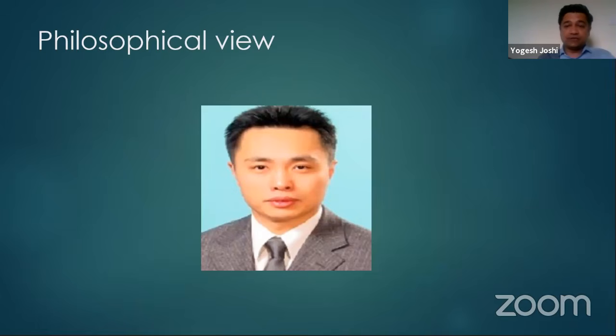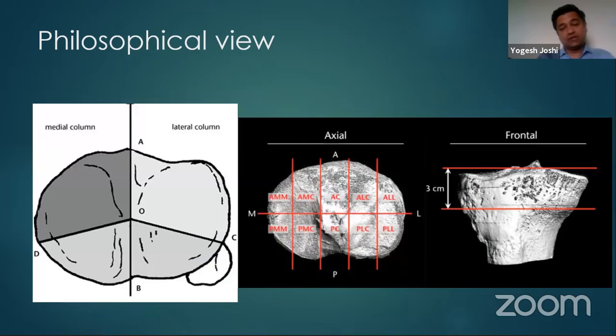Chang-Fu Luo classified further with the CT-based classification, and this is more commonly used nowadays because you get the 3-dimensional view, so that you can know what kind of corridors you need to approach when treating this fracture. So Dr. Luo classified proximal tibial fractures into 3 columns.